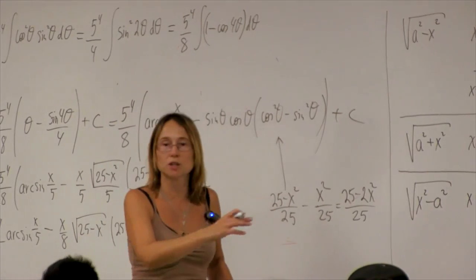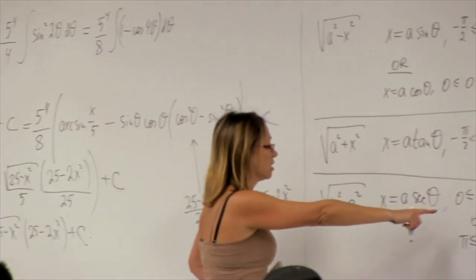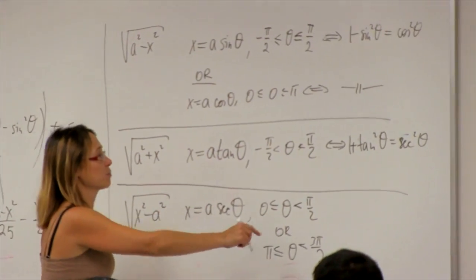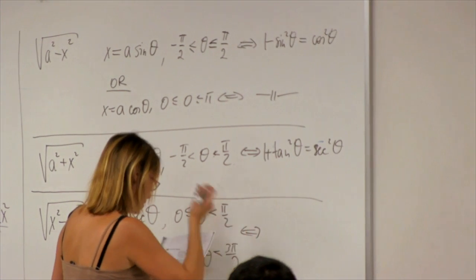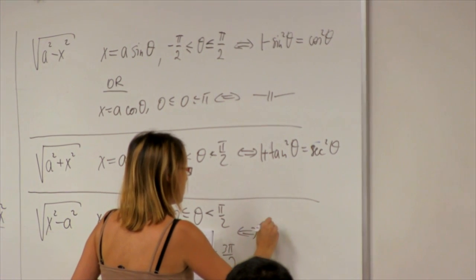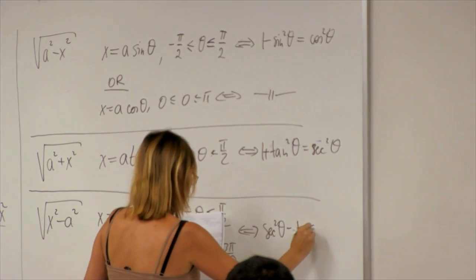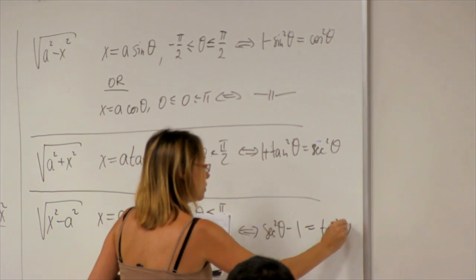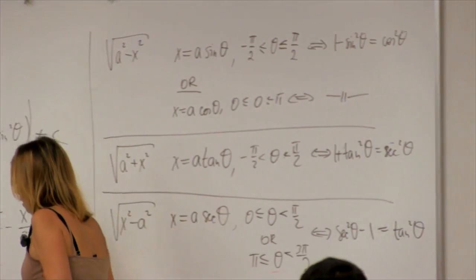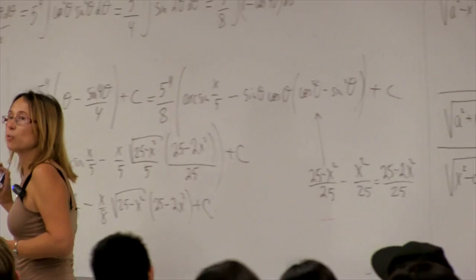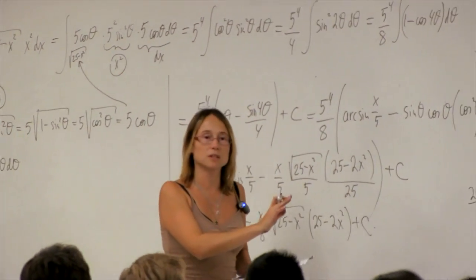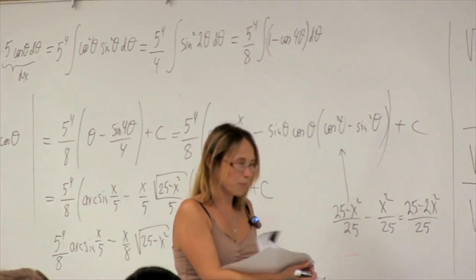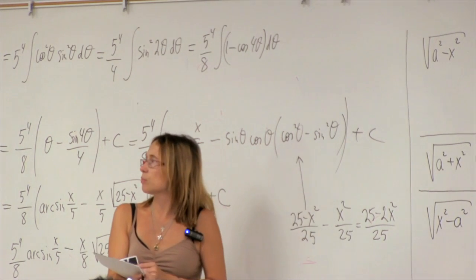So we want to make sure that the tangent of theta is positive. And I'm going to use the identity secant squared theta minus 1 equals tangent squared theta. Okay, and maybe I won't give you an example of this. You can do it at the discussion, because it's very similar to a previous example.